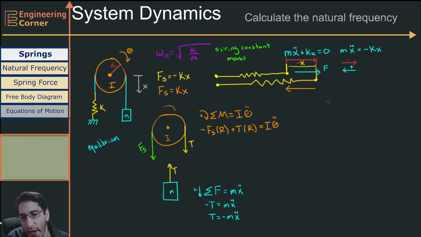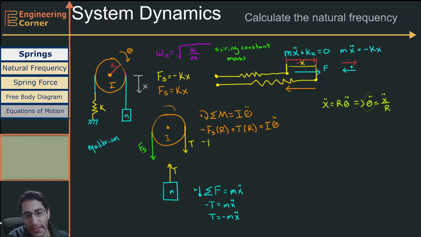Now we have another equivalent expression for our angular acceleration. My acceleration is going to be equal to r times my angular acceleration. I can solve for my angular acceleration, and I get my angular acceleration is equal to my acceleration, x double dot, over r, and now I can put that into this equation right here.